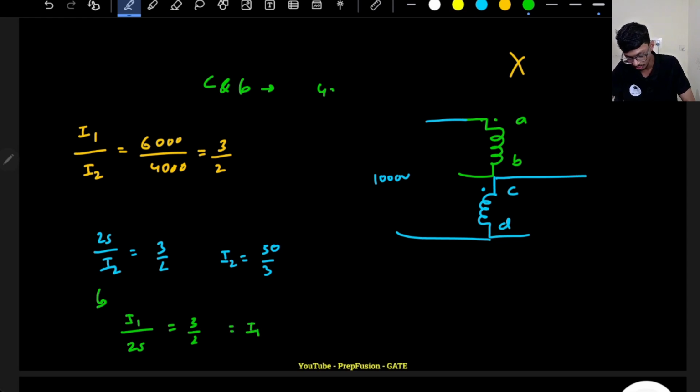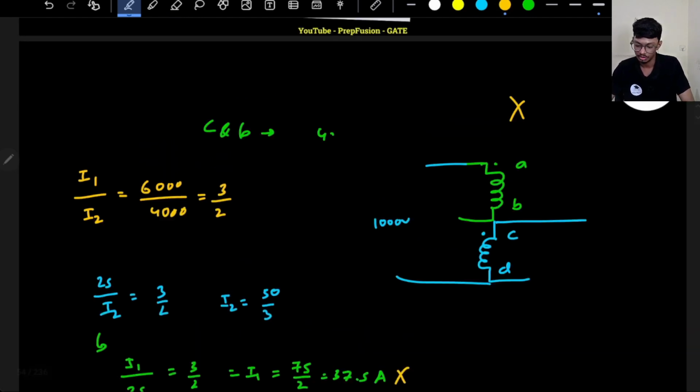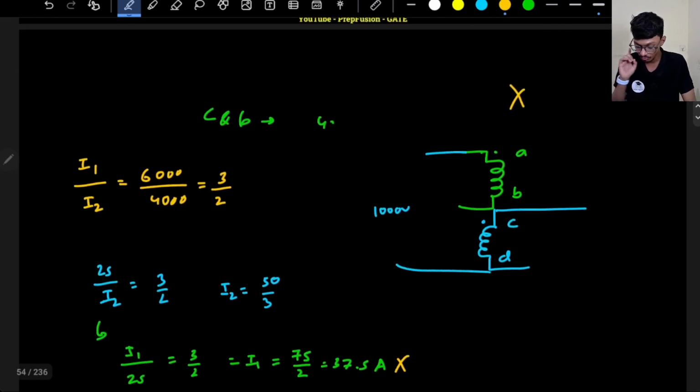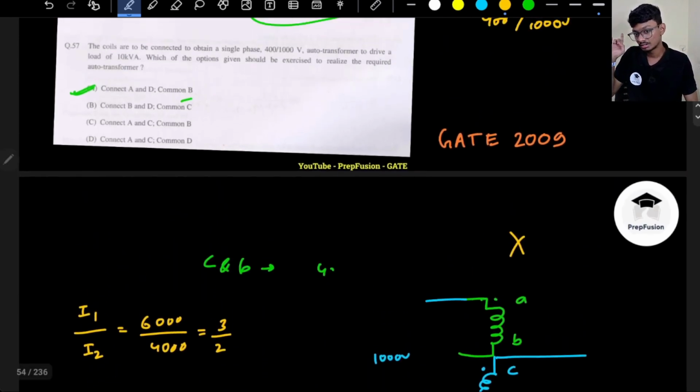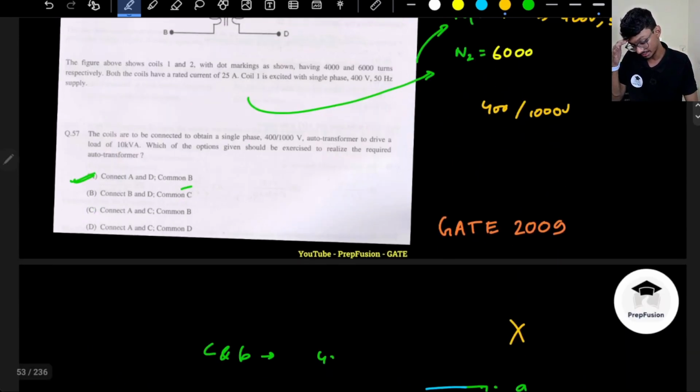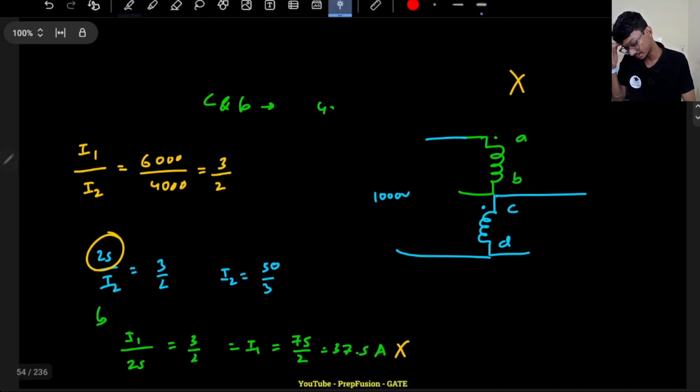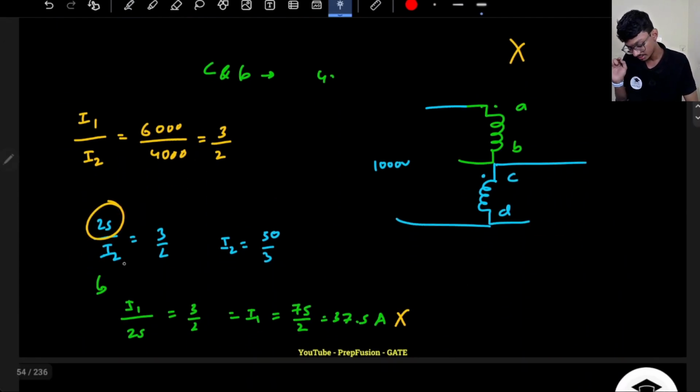I1 will come out to be 75 by 2, that is 37.5, which is not allowed. Maximum allowed current is 25. So 25 ampere is the limit for the primary winding, because it has the lower voltage, so it will have the higher current. So that's why I2 maximum will be 50 by 3 amperes.